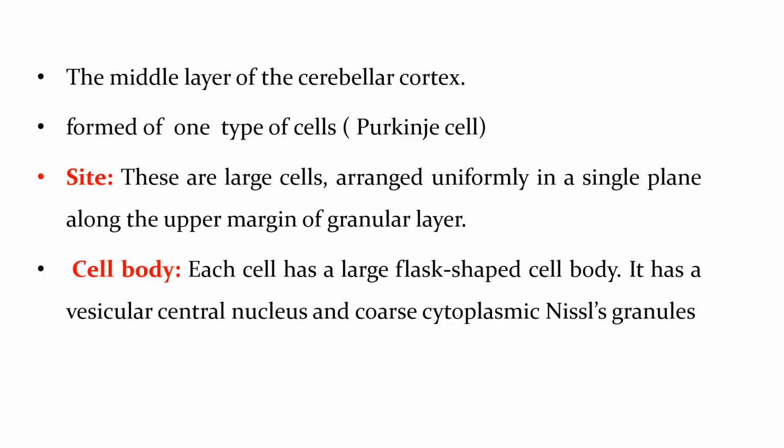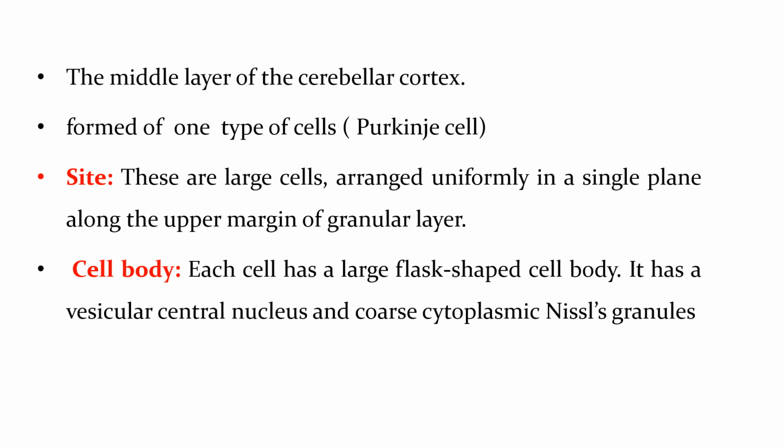As regards the Purkinje cell layer, it is the middle layer of the cerebellar cortex. It is formed of one type of cell. What is this cell? It is the Purkinje cell itself. So the name of the layer is the Purkinje cell layer.